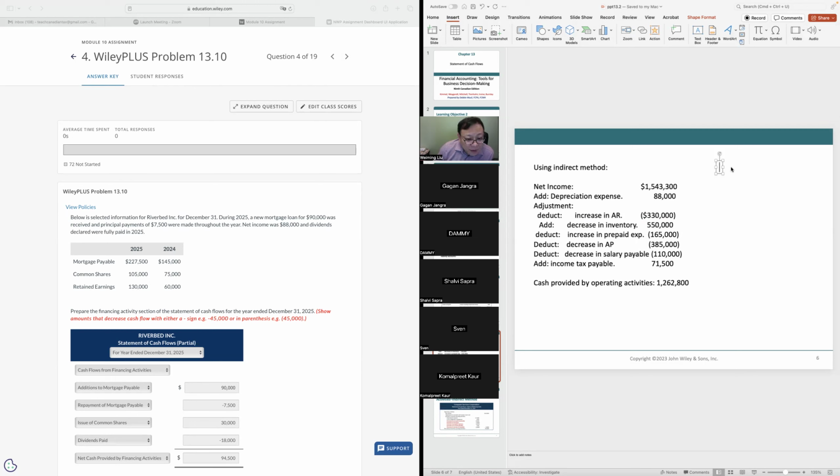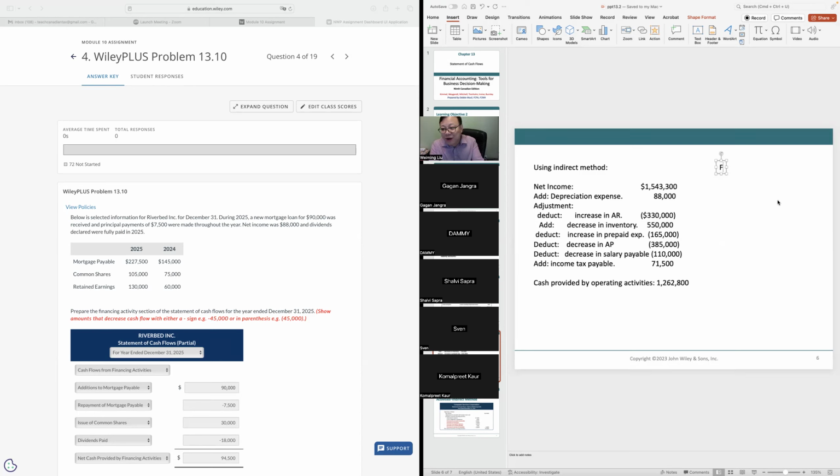Net income was 88,000. Dividends declared were fully paid in 2025. So we have mortgage payable. We know the balances for 2024 and 2025, common shares, and retained earnings.